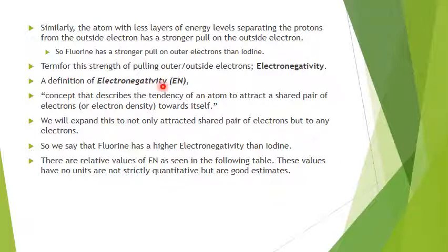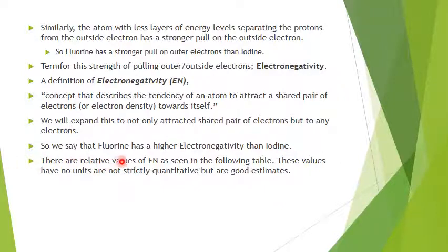A definition of electronegativity, which I'll shorten as just EN, it's a concept, really, that describes the tendency of an atom to attract a shared pair of electrons or electron density towards itself. We expand this to not only attracting a shared pair, but to attract any electrons. So we say that fluorine has a higher electronegativity than iodine.